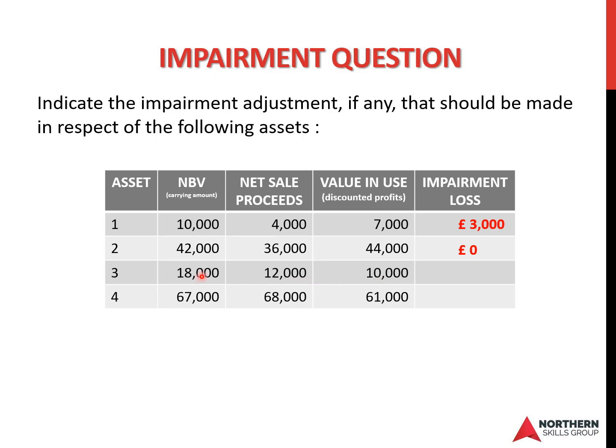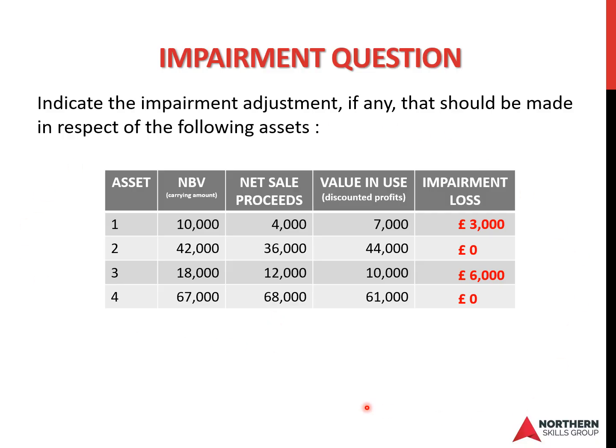Those are both less than the carrying amount, so we've got to write it down to reflect the maximum future benefit we could get, which would be from selling it. So we've got to reduce it from 18 to 12, so we've got to write off £6,000. And then finally, the carrying amount of asset 4, 67. We could sell it for more than that, so we don't need to make any adjustment.